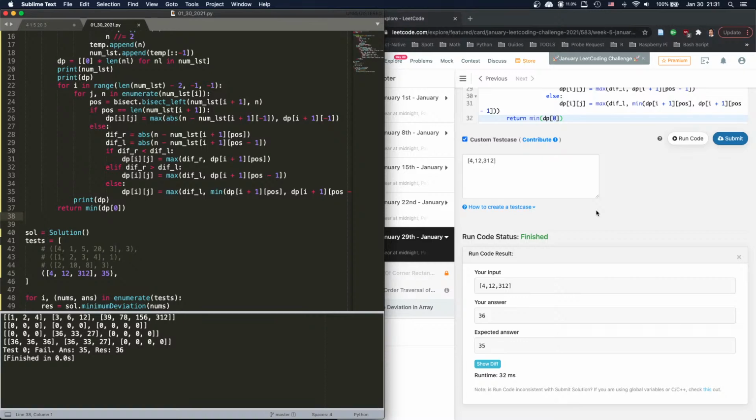So if your difference is smaller than this difference, then if your difference to this value is smaller than the difference between this value and the next value, that means, well, it doesn't mean the next value will be bigger.